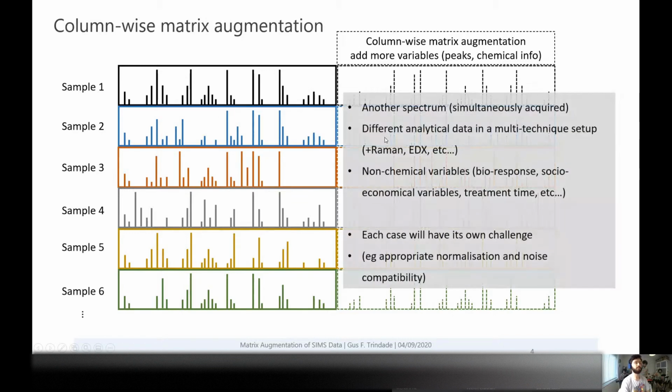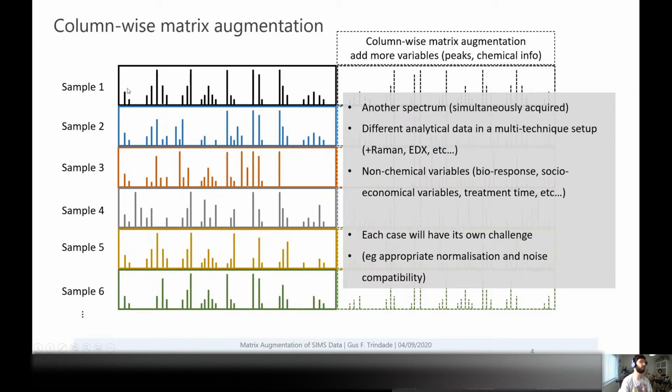You can add another spectrum that was simultaneously acquired. It's not the case with ToF-SIMS, where we can only detect things from one detector, but some instruments will detect both positive and negative polarities at the same time. So you can get data from these 2 detectors and construct a longer spectrum that will be used for MVA. So you do this augmentation column-wise, or you can combine different techniques.